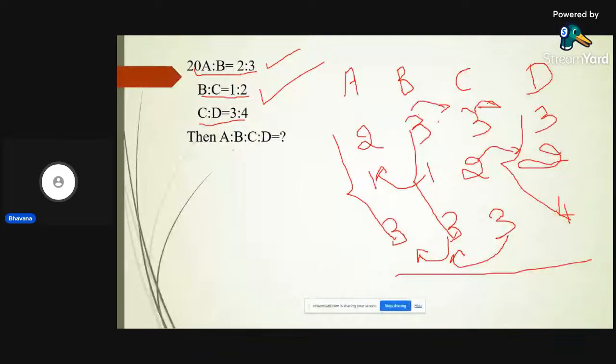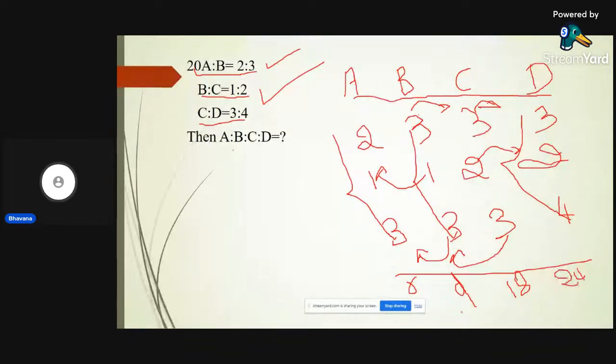So we will get the A, B, C, D values. 2 3s are 6. Next 3 into 1 into 3, that is 9. So next 3 2s are 6, 6 3s are 18. Next 3 into 2 into 4. 3 2s are 6, 6 4s are 24.